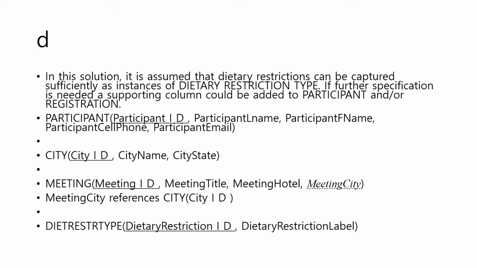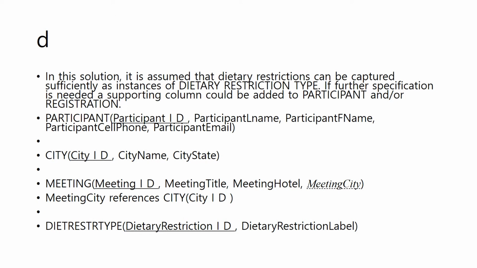In this solution, it is assumed that dietary restriction can be captured sufficiently as instances of dietary restriction type. If further specification is needed, a supporting column could be added to participant and/or registration.